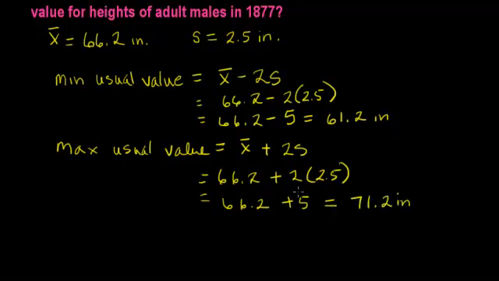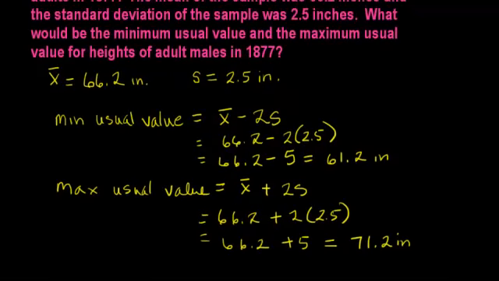So now we know the maximum usual height of adult males in 1877 and the minimum usual height of adult males in 1877. And this could come in handy if, for example, we were asked to answer this question: would it be unusual for a male back in 1877 to have been 63 inches tall?